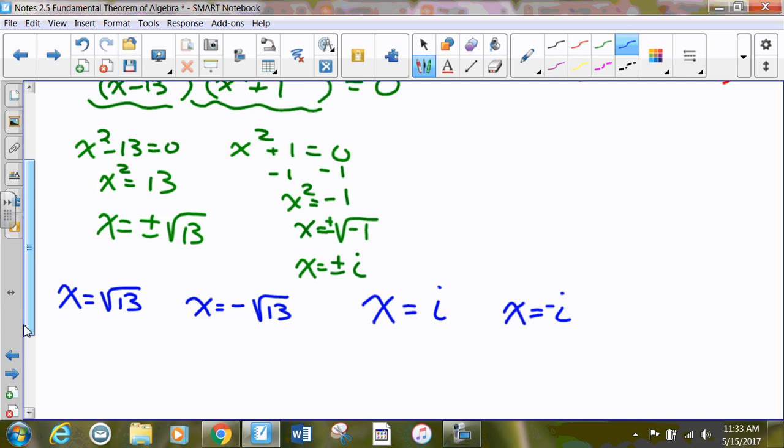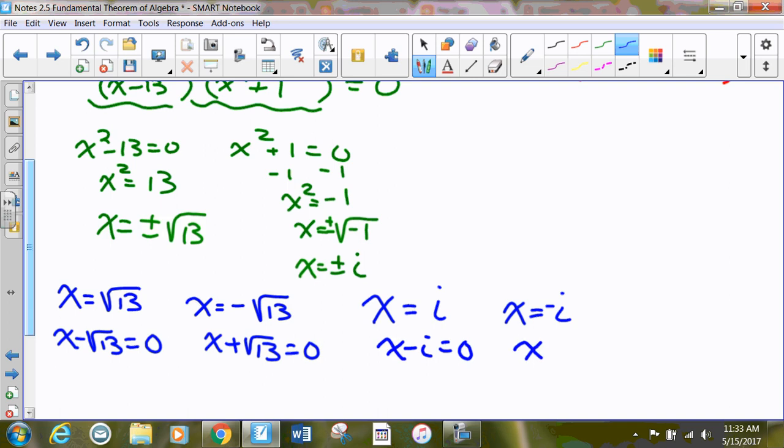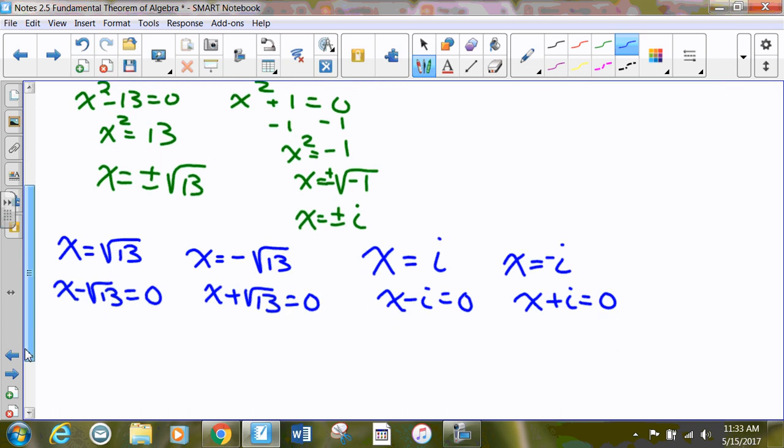If I subtract square root of 13 from both sides, look what I have. If I subtract negative square root of 13, I've got this. If I subtract i, I've got this. And if I subtract negative i, I've got this. So stay with me here, because a product of linear factors basically is saying this.